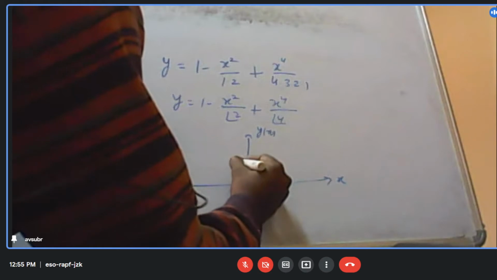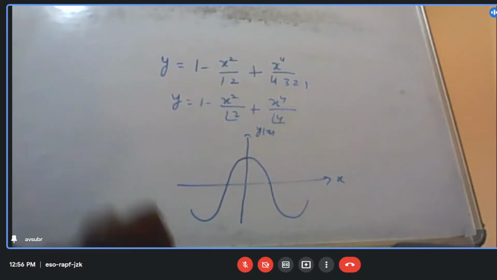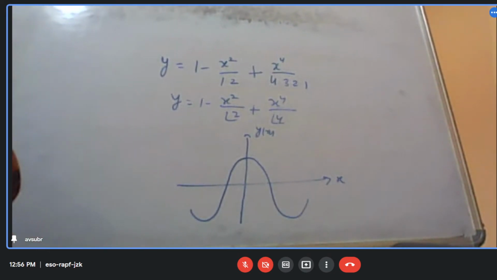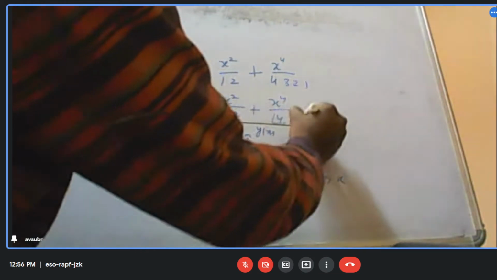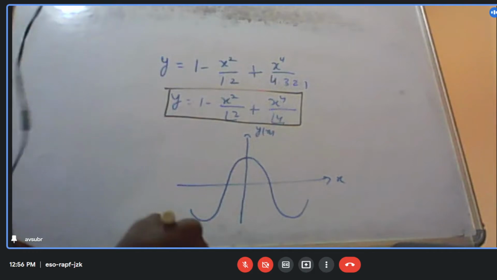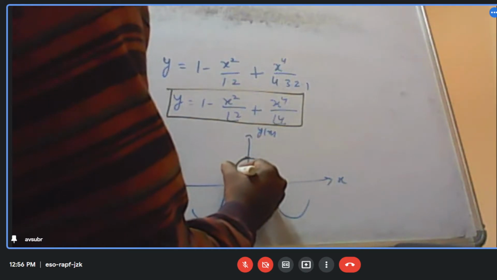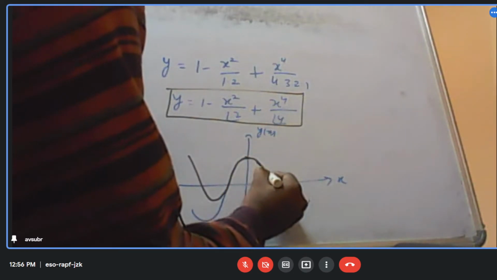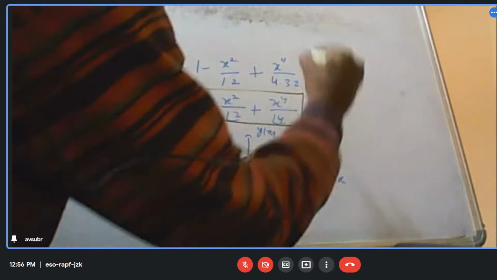So this cos x curve is like this. Now if I plot this particular polynomial with a different color to make you understand, it will be something like this.